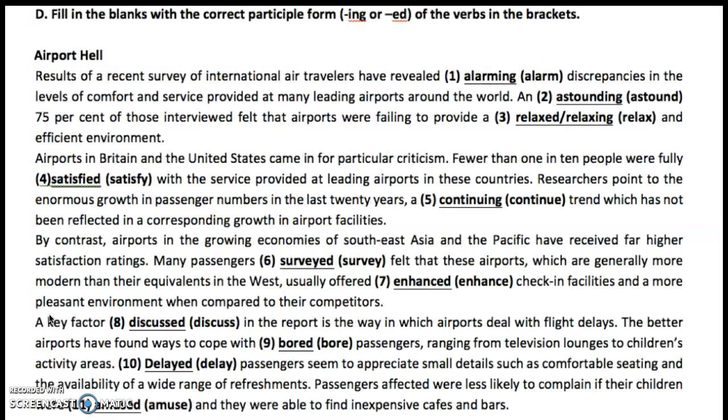Part D. For the questions in this part, I will give a general explanation of the topic, which are participles or ing and ed adjectives.